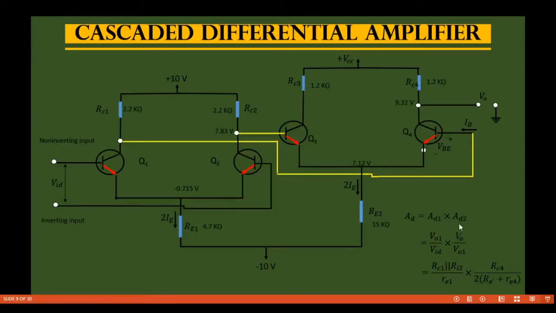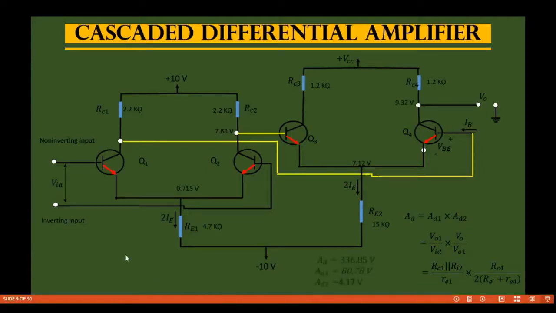Now AD2 consists of RC4, the collector resistance, upon twice RE dash plus RE4. So this is half of the voltage gain of dual input balanced output.